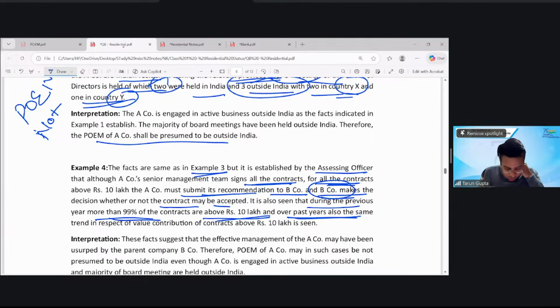In the past year also, the same trend in respect of value of contracts above 10 lakh is seen. B company is an Indian company, the holding company of A company. Therefore, even if the majority of the meetings were held outside India, still POEM shall be in India.